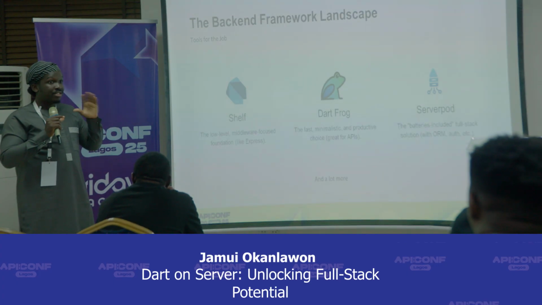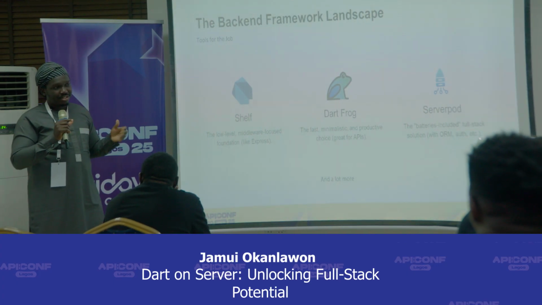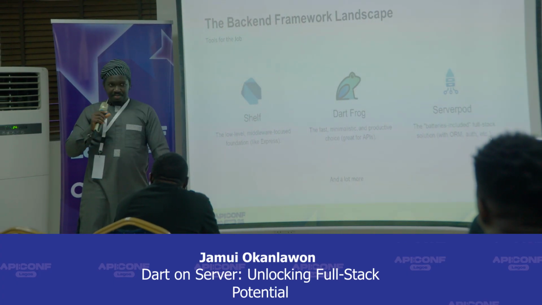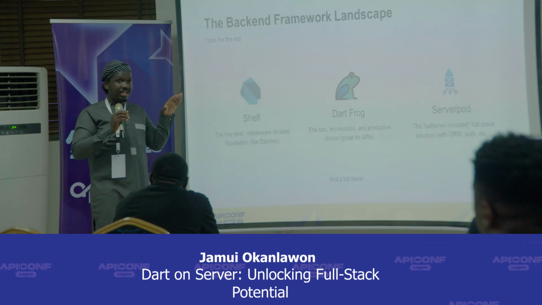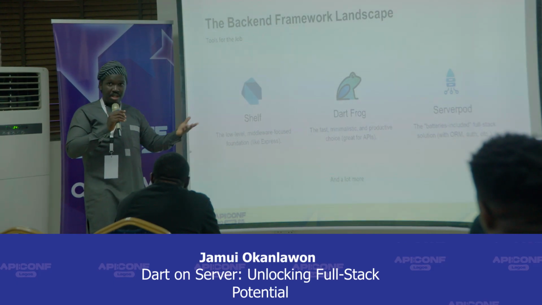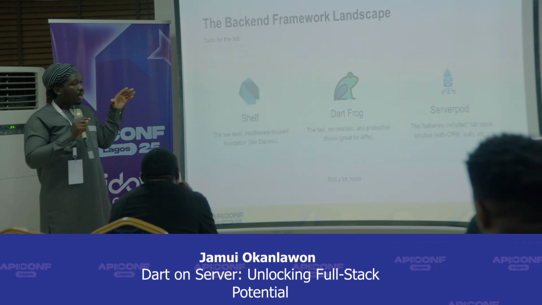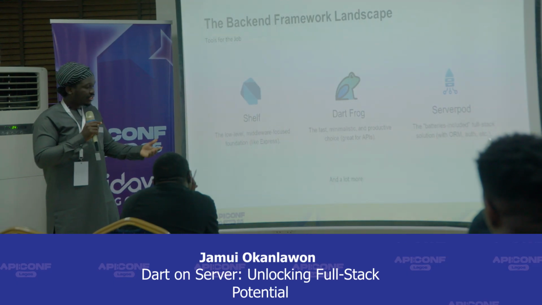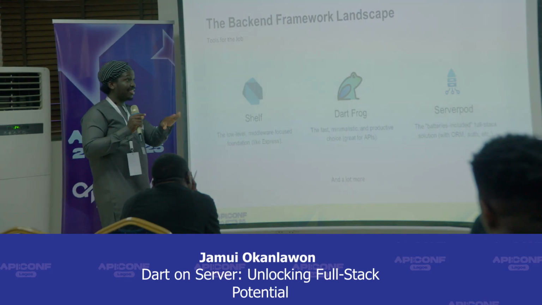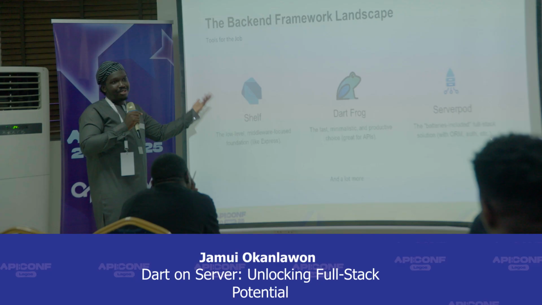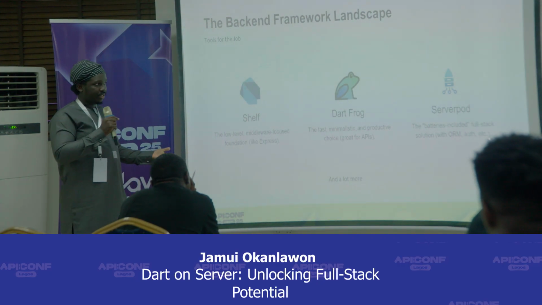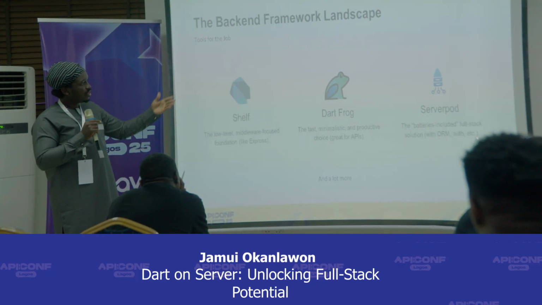And it's very fast. It's good. It's great for APIs. And if you attended Sam's talk yesterday, he went into detail on how to use Dart Frog and how to do server-side rendering with it. And that's another thing, right? You can even do server-side rendering in that.